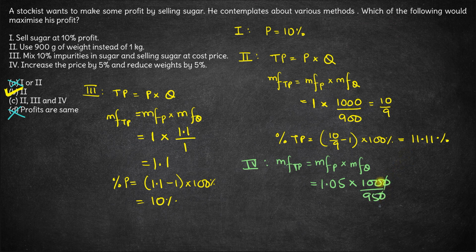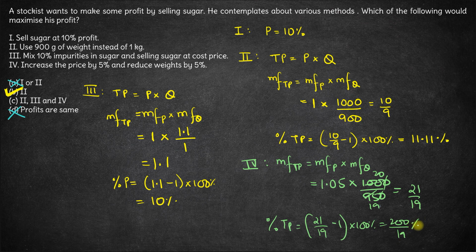So the zeros cancel out, this goes by 5, 20 times, this goes by 5, 19 times. So 20 into 1.05 is 21 by 19. This is the multiplication factor. Hence the percentage change in the total price is 21 upon 19 minus 1, into 100%. This comes out to be 200 by 19%.